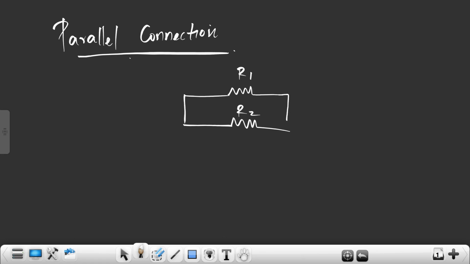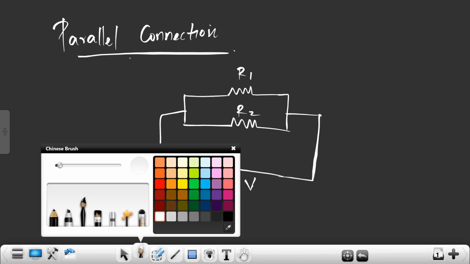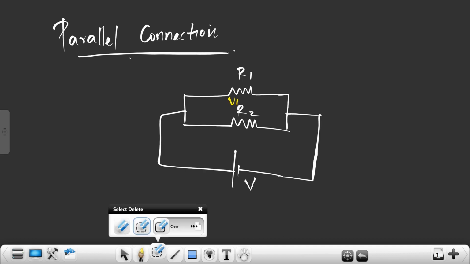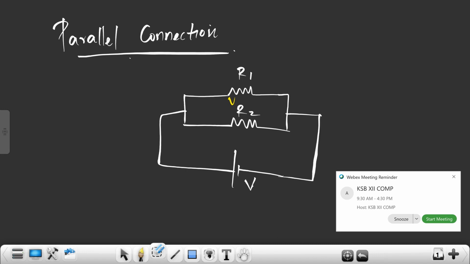I connect both of them in parallel and we have a cell with potential difference V. That means the potential difference across R1 is V volt, and the potential difference across R2 is also V volt.